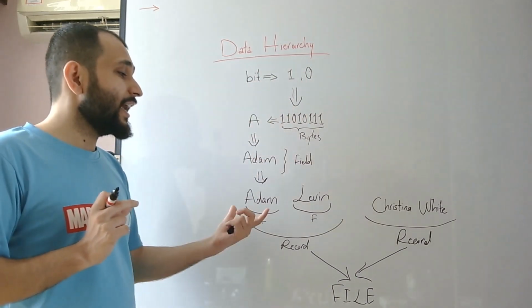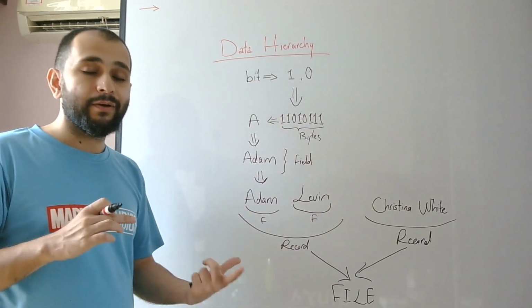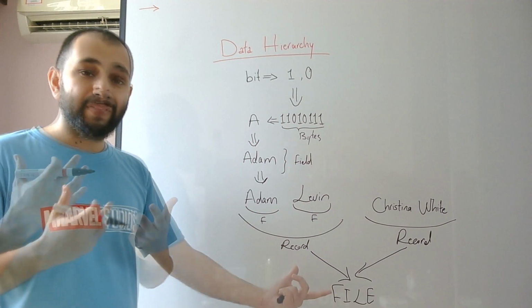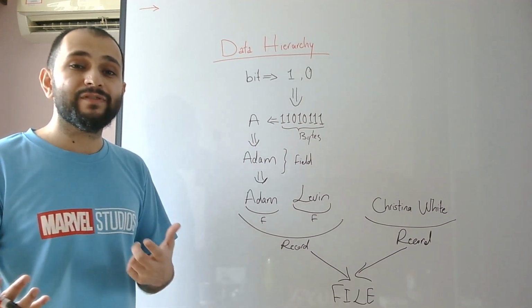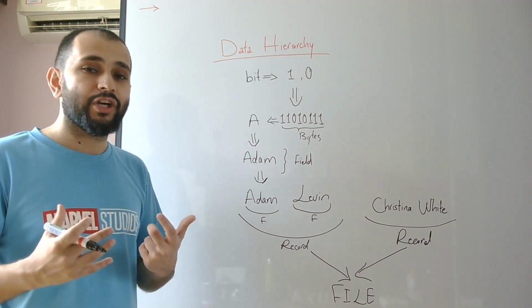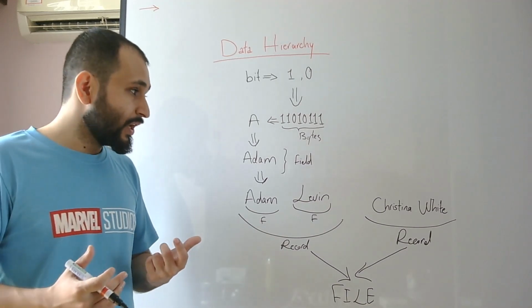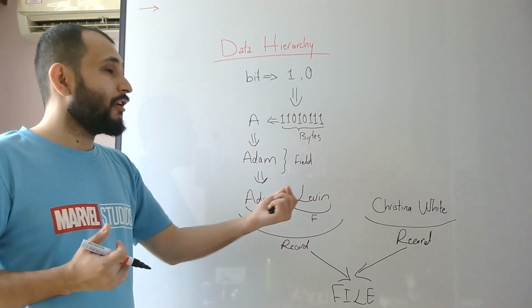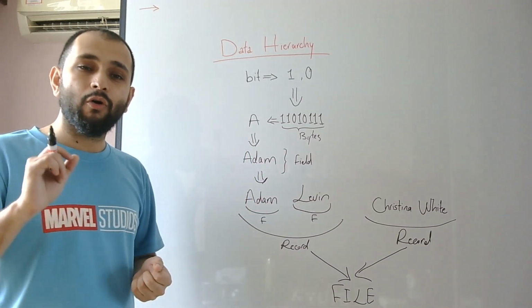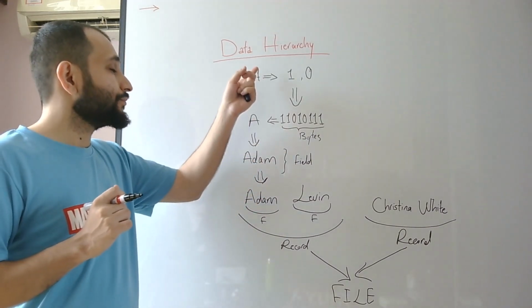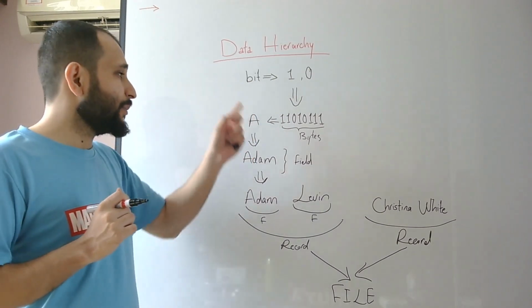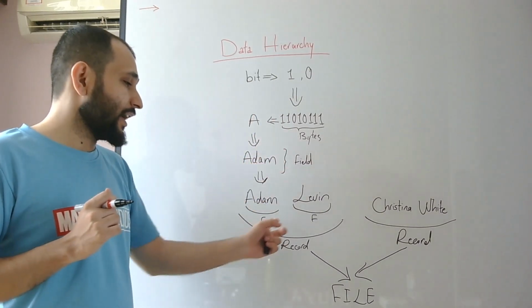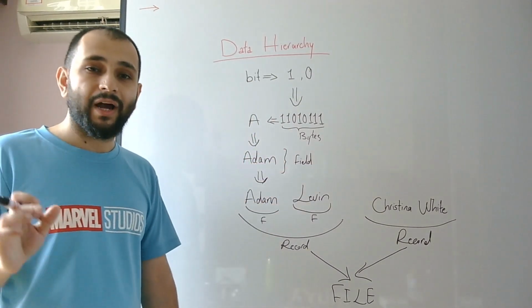Through this process, it can create files and very complex data structures that are useful in our daily application of using computers. So that's it for an overall representation of data hierarchy. I just want to go over each one of these data types, the bit, the byte, the field, and records, one by one.